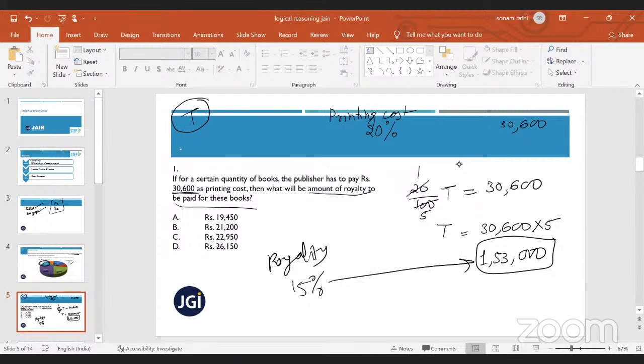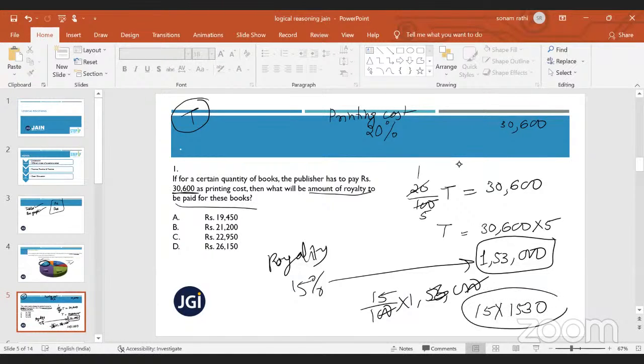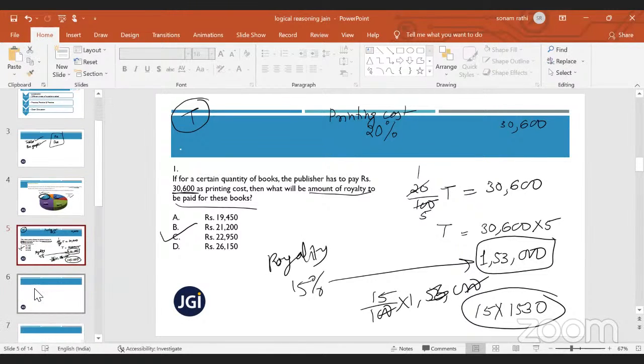So 15 upon 100 into 1,53,000. The zeros cancel, and now you have to multiply 15 into 50. Do the calculation. Yes, the correct answer is option C. So pretty easy, right? There's nothing difficult in it. Let's see the next question.